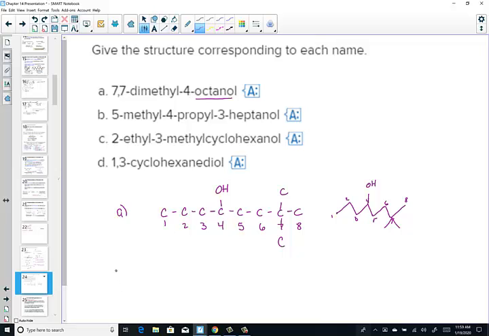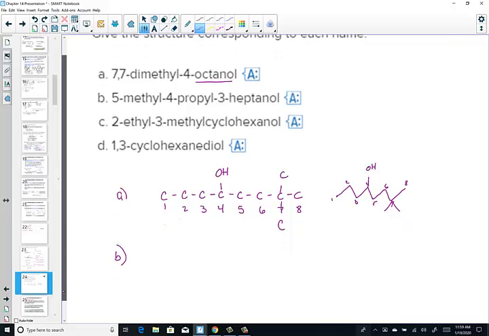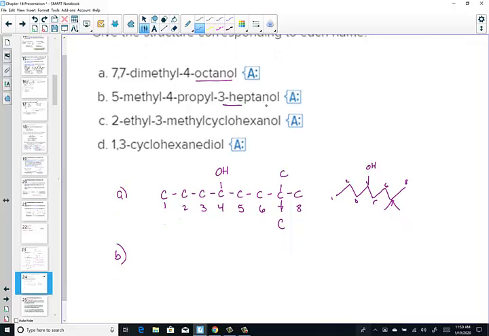How about B? Go to the root word, heptanol. That's 7 carbons. Let's just figure connectivity. So I'm going to put 7 carbons in a row. Whoops, 1 more. At carbon 3 is our alcohol group. At carbon 4 is a 3-carbon branch. That's your propyl.